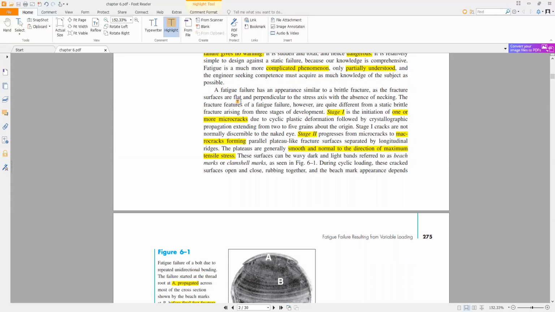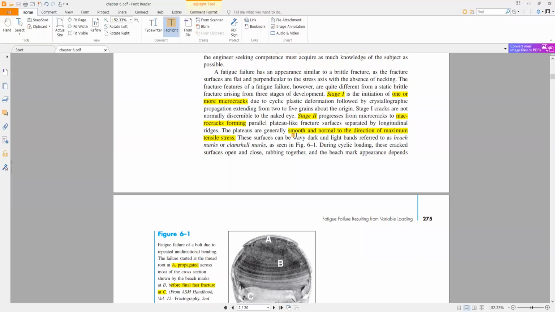When it goes to fatigue failure, it goes through three stages. In stage one, one or more micro cracks start to happen because of cyclic plastic deformation. You apply and take out the force, the stress, so micro cracks start to form that we can't see.